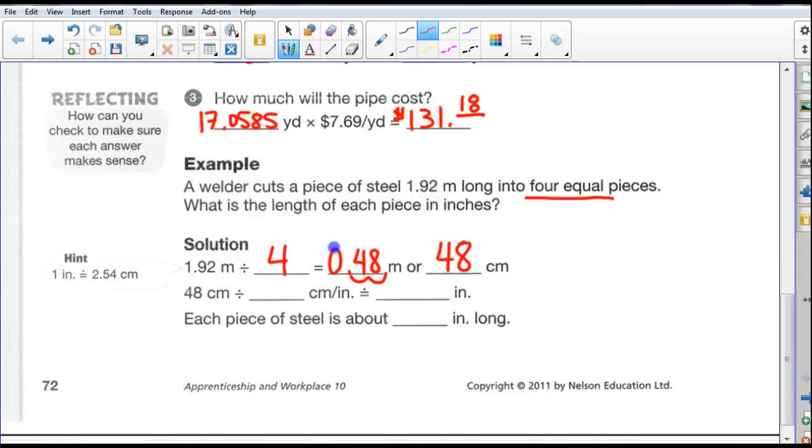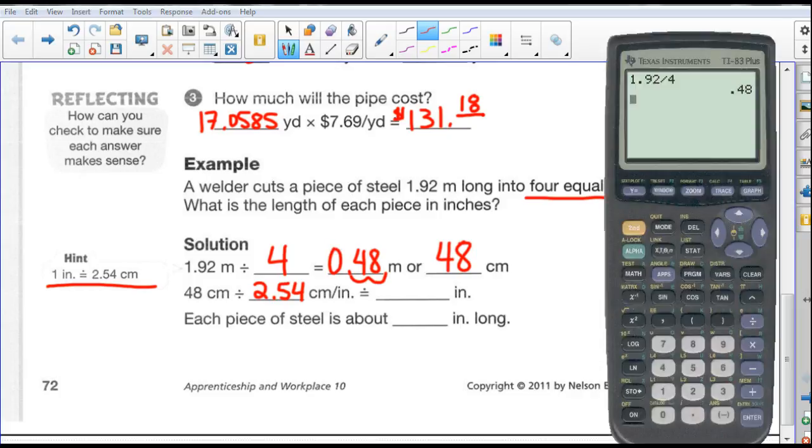So we take 48 centimeters, and we're going to divide that by how many centimeters in 1 inch? Okay, we know that there's 2.54 centimeters in 1 inch from over here. And 48 divided by 2.54 equals 18.897.